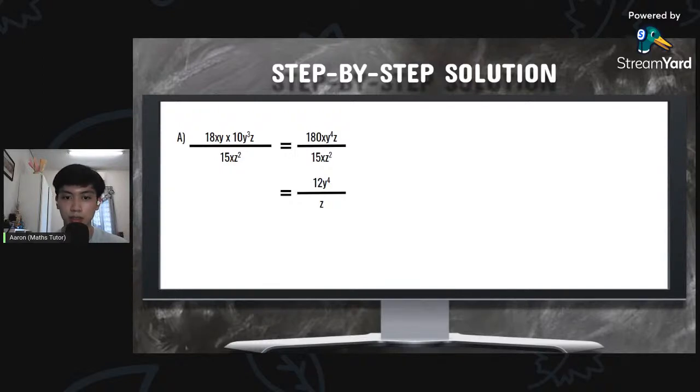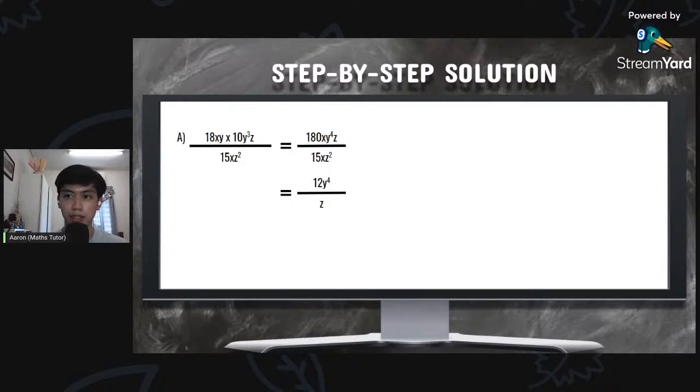So the same thing, z need to plus. Kita dapat apa? -1. So -1 kita letak bawah, it will become +1. So here will be z.